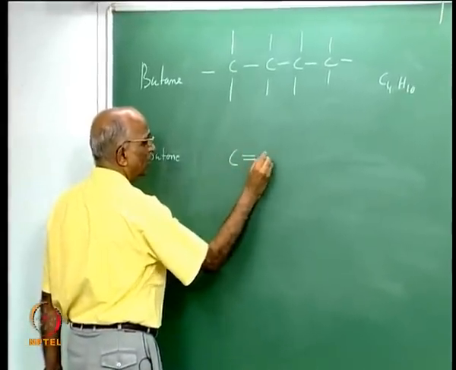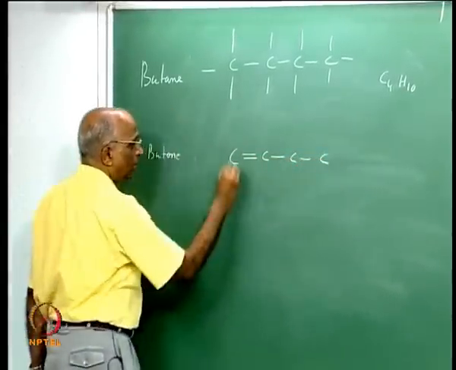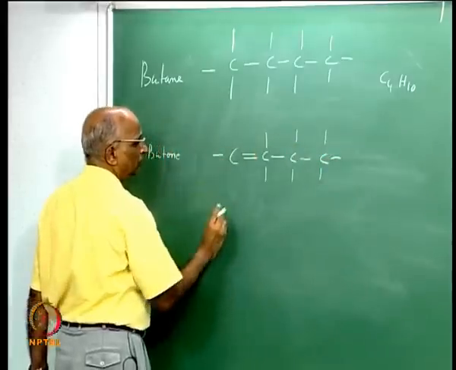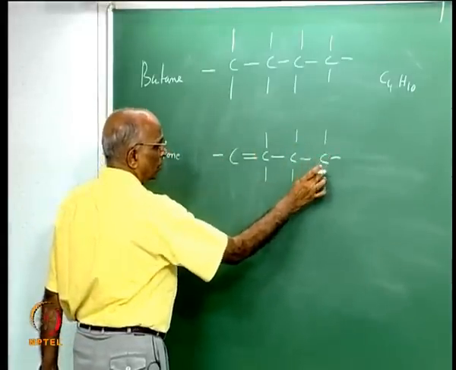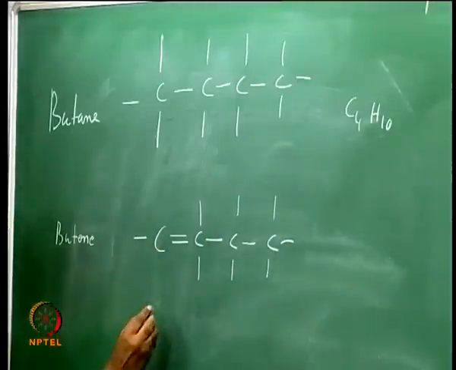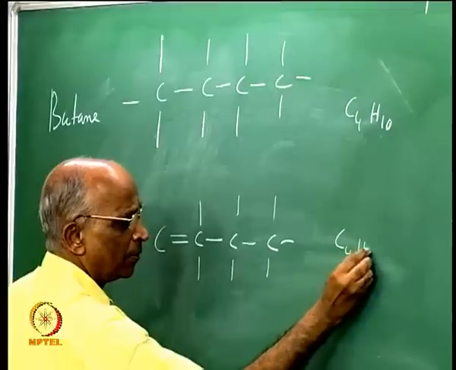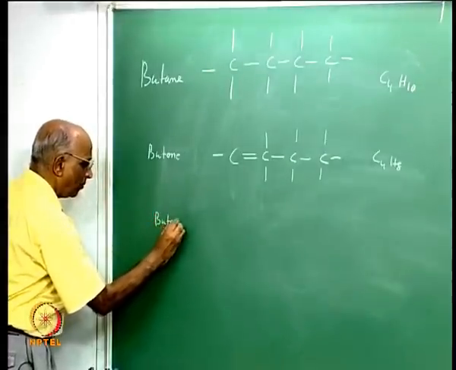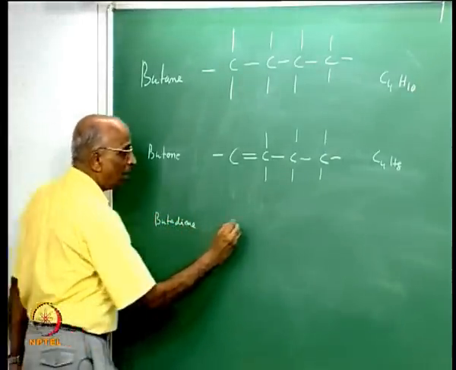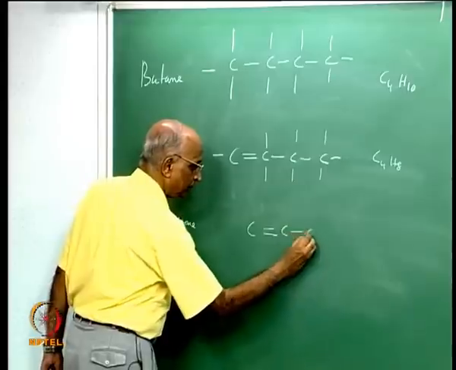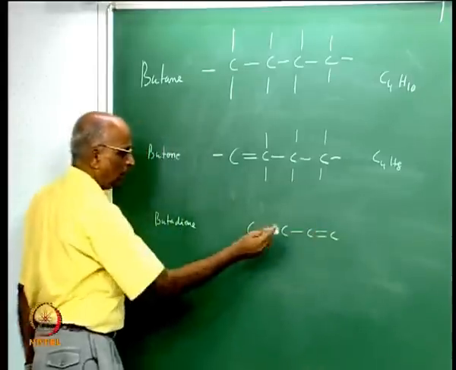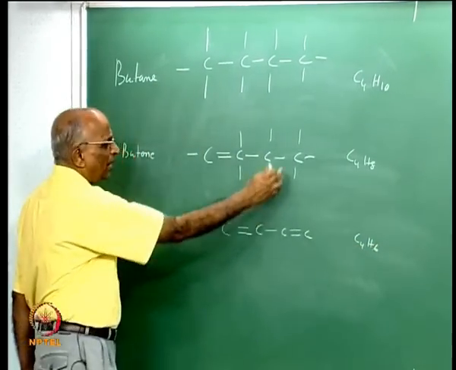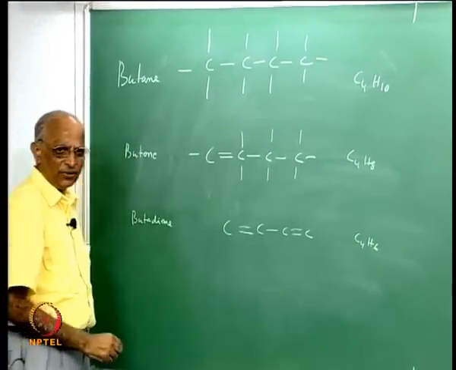I have a double bond, butene, and of course I will have all the chains as it is, 1, 2, 3, 4, 5, 6, 7, 8, C4H8. And if I now have butadiene with two double bonds, the formula will be C4H6, because proportionally I have to decrease two of the hydrogens.